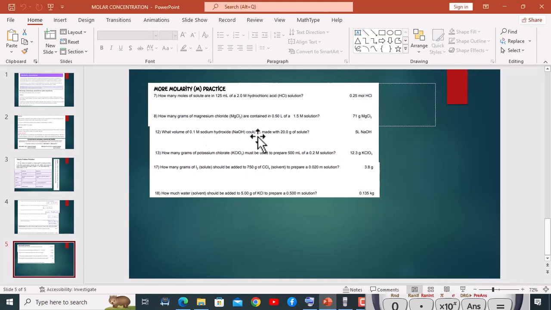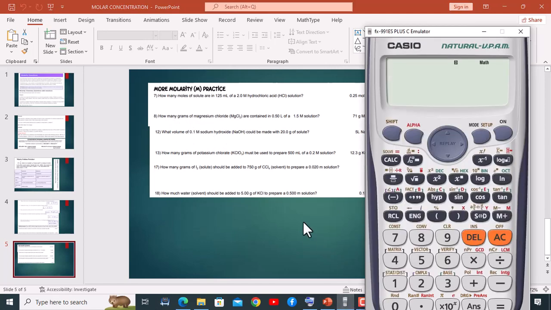Now let's check this one. What volume of 0.1 concentration of sodium hydroxide could be made with 20 grams of the solute? So we need to convert this into kilograms. Very much important. So I know I will just divide this. So what I'm going to do, first of all, they say what volume of this could be made from that.